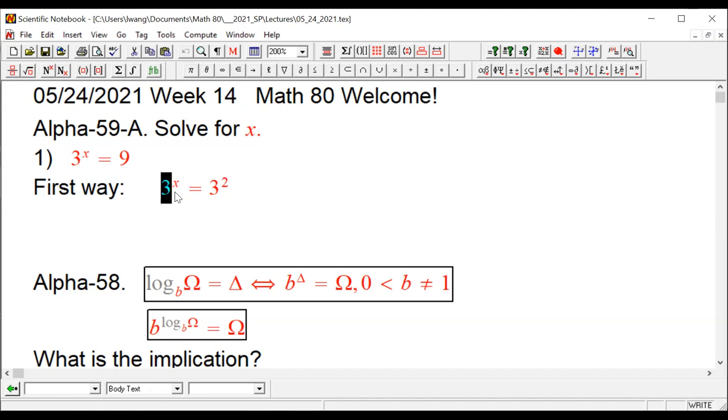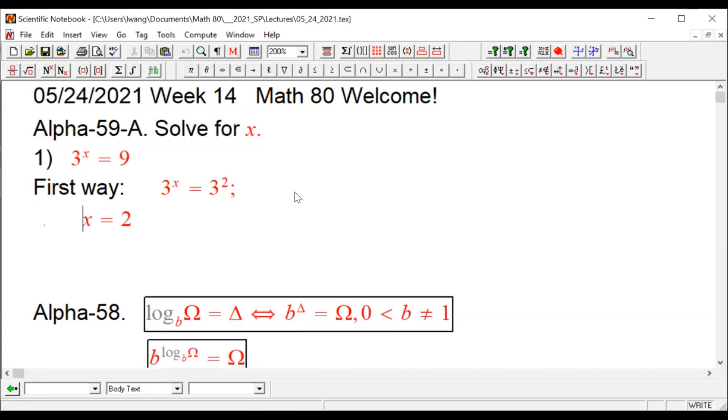If 3 to the power of X equals 3 squared, then X must be 2. Solved.